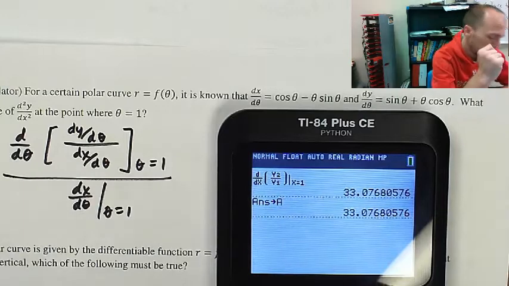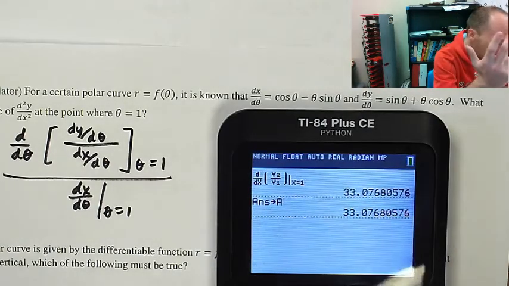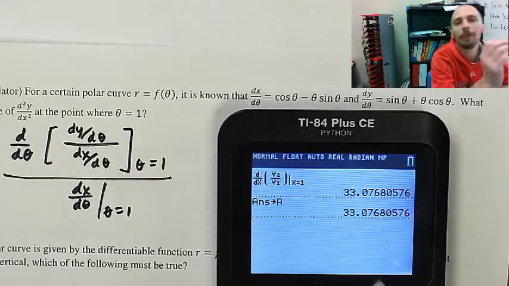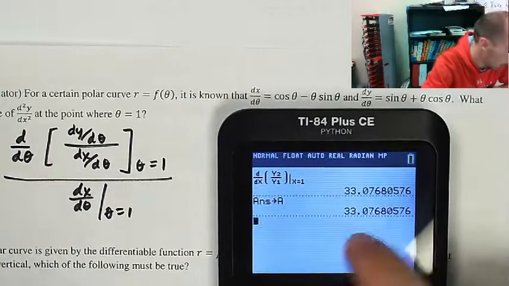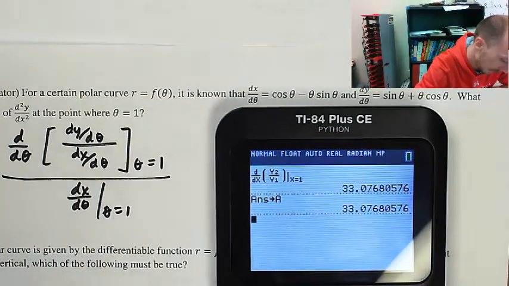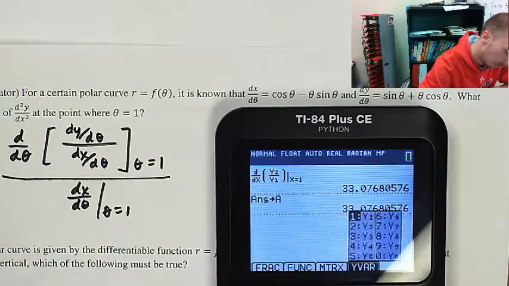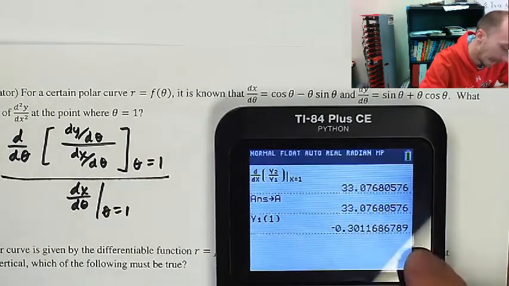One of the students told me that it was because the function was evaluating when it saw the parentheses next to y1. So I'm being very careful here. Now I want to take dx d theta at theta equals 1. Well, that's y1 with 1 plugged in, and I get that.